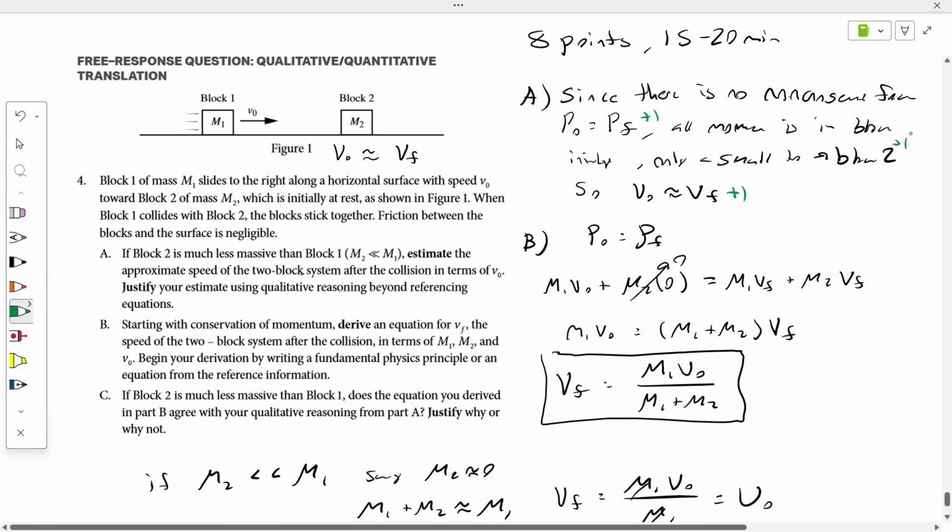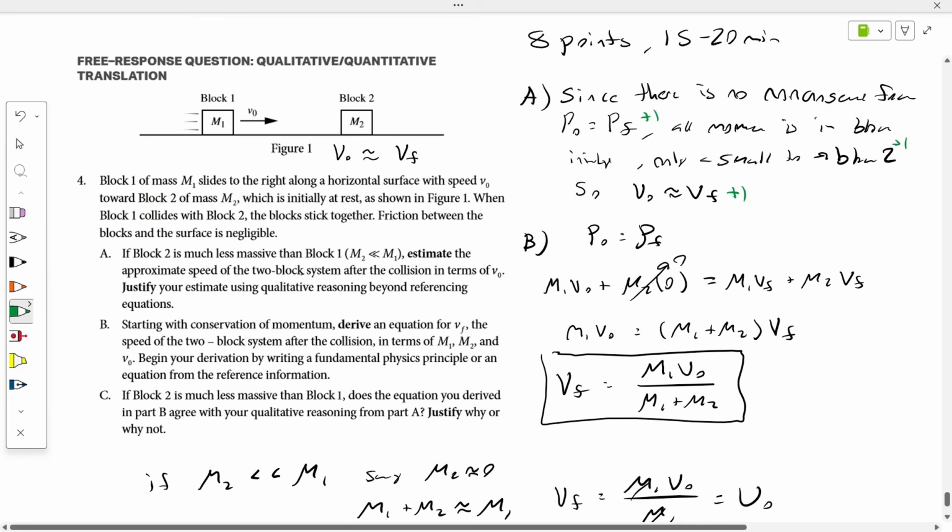And if you use momentum of the center of mass, you could say that the center of mass of the system is not going to change. Since the center of mass is almost all coming from block 1, when it hits block 2, it's not going to change much, so the total velocity doesn't change, or something related to that. So that justification is the other point.